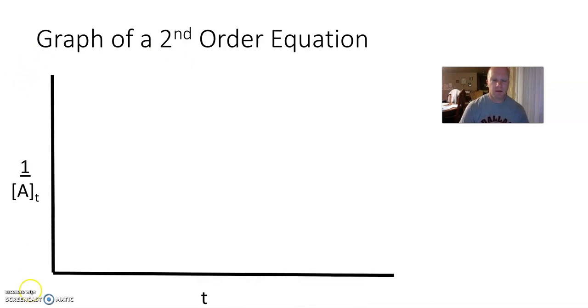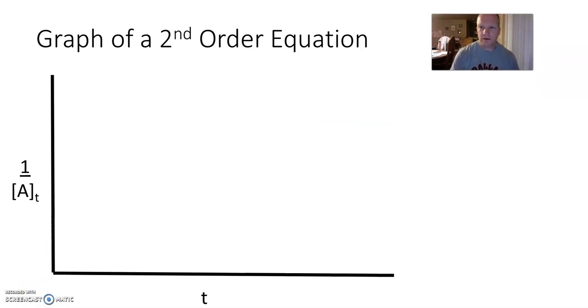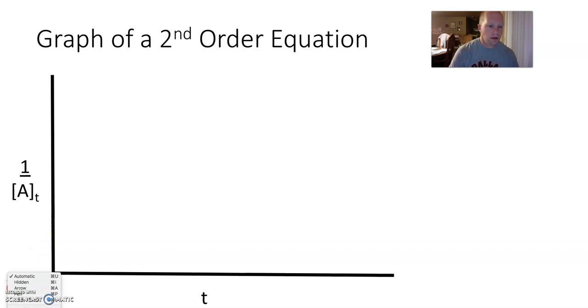So that means if you graph this second order reaction, you get a line with a positive slope, and it should be straight. This looks a lot different.